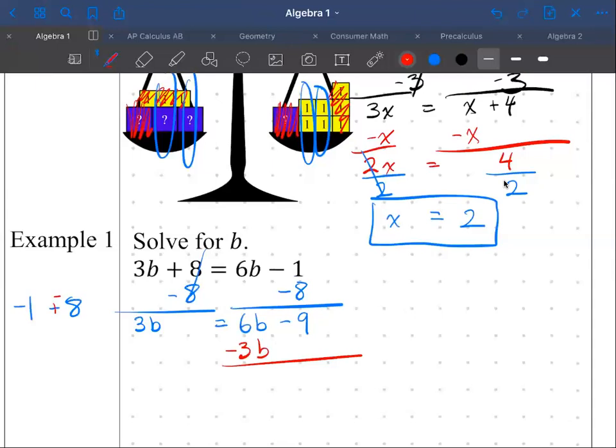Okay, was there a new equation now? Let me see. Subtract 3b plus 6b. It would be 3b. It would stay as 3b. On the right or the left? The right. Okay, so the right is 3b.